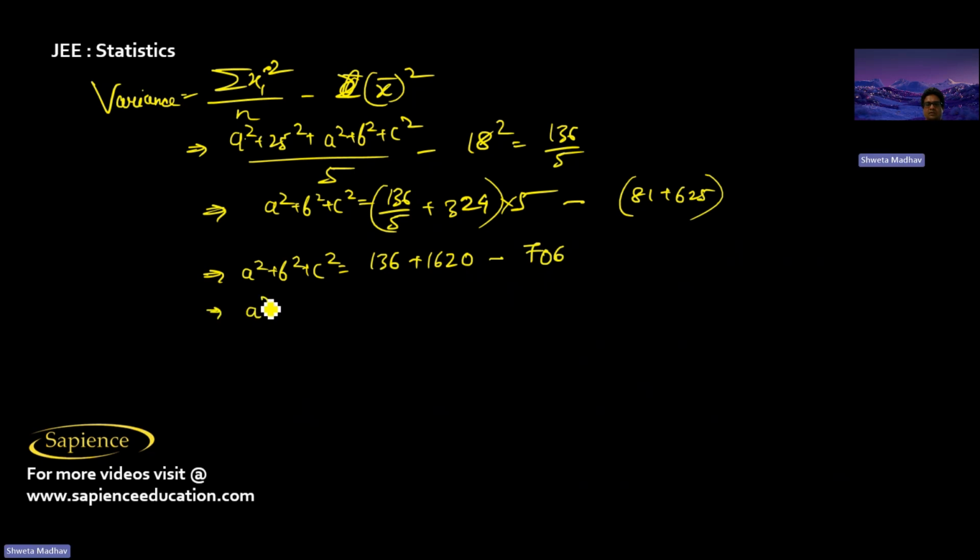So a square plus b square plus c square will be equal to 1756 minus 706. So this will be equal to 1050.